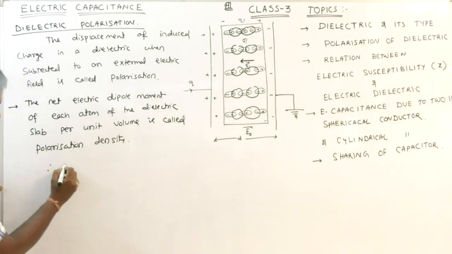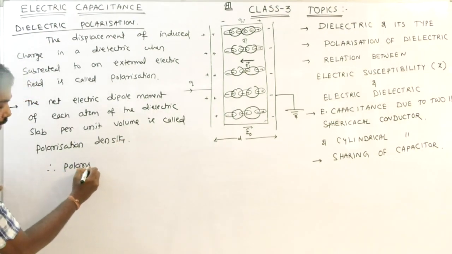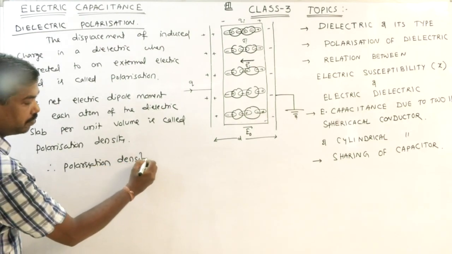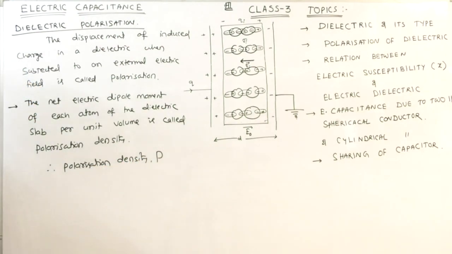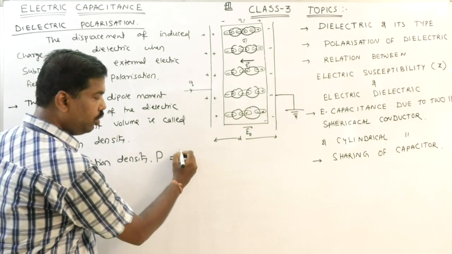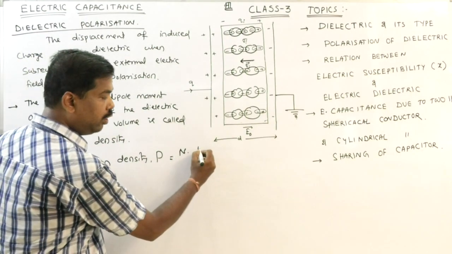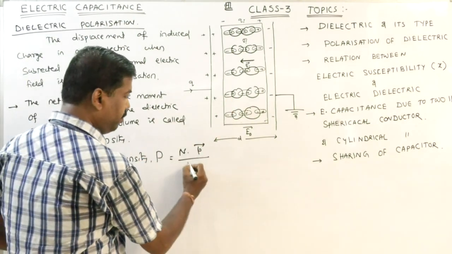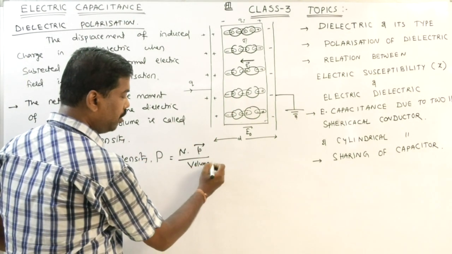It means polarization density is equal to capital P. So it is the number of atoms into the dipole moment of each atom per volume.